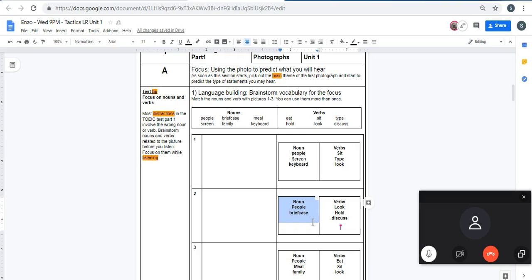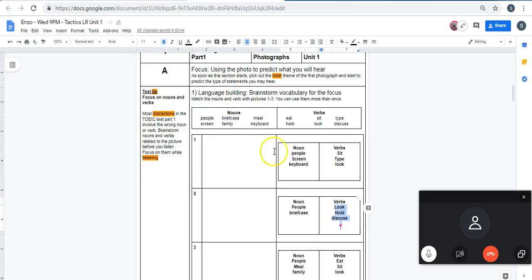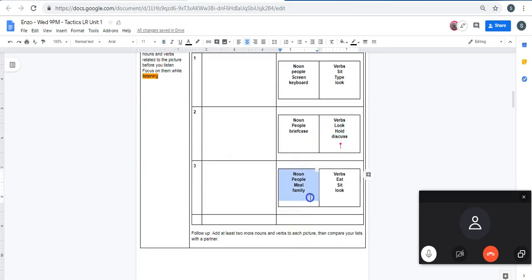Picture two is people and briefcase, and verbs are look, hold, discuss. Number three is people, meal, family, and the verbs are eat, sit, look.